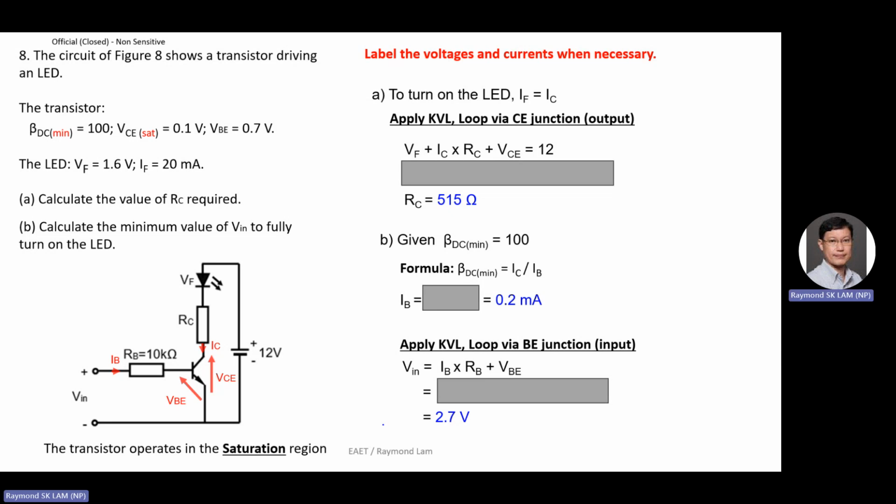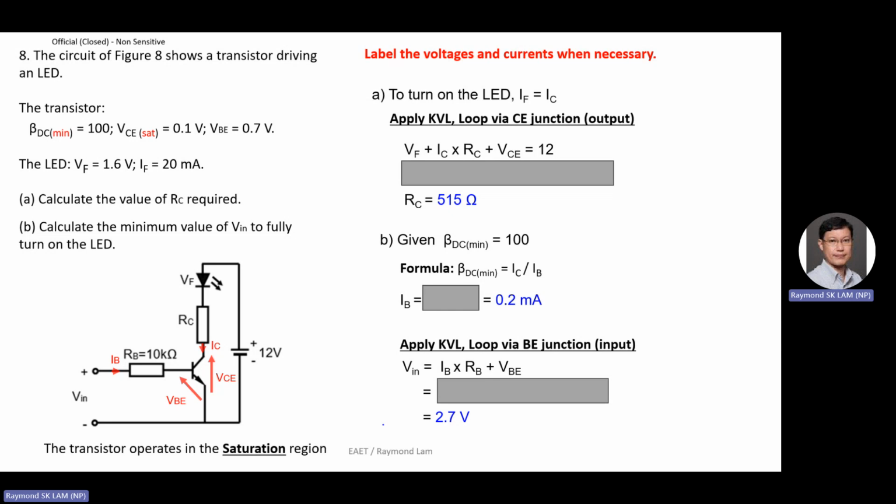So this VCE at saturation is called VCE saturation. The behavior of the transistor is such that when you reach the saturation region and try to increase V in to, let's say, 2.8 volt, the transistor will still stay at the saturation voltage, which is 0.1 volt. That's the characteristic and behavior of the transistor.